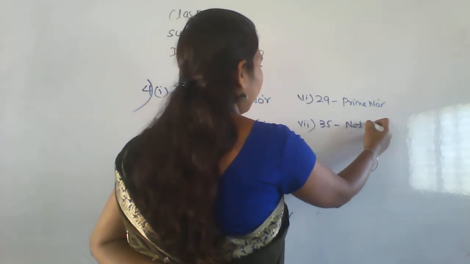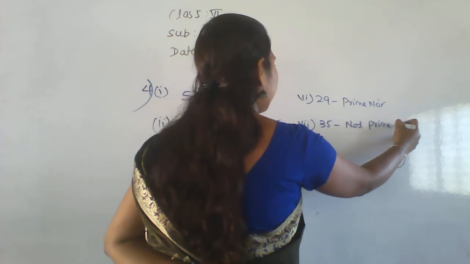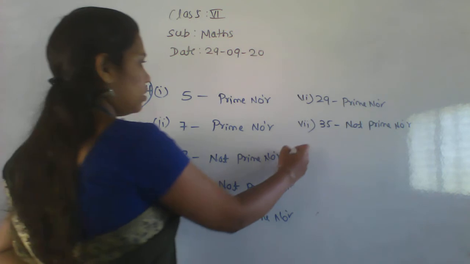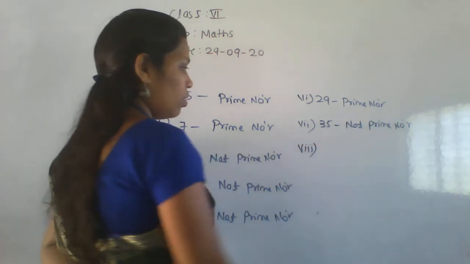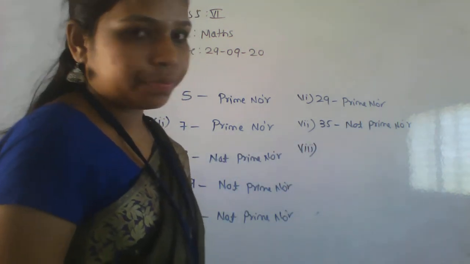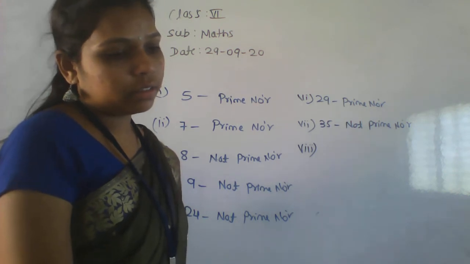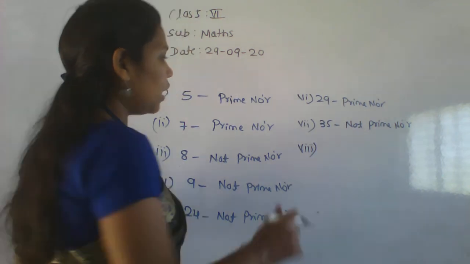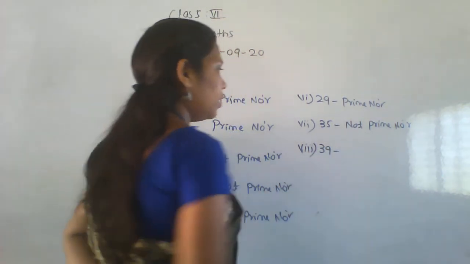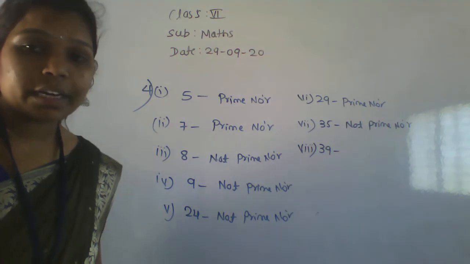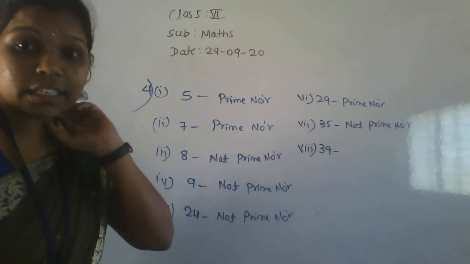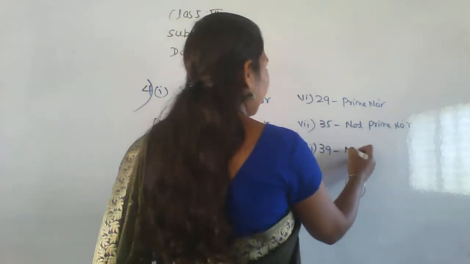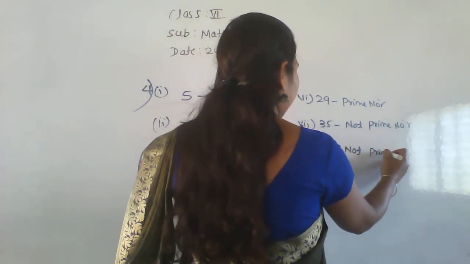No, it is not a prime number, because it is divisible by 5 and 7. Next, the eighth one. 39. Yes, it is also not a prime number. Why? Because 39 is divisible by 13. 13 times 3 is 39. So it is not a prime number.